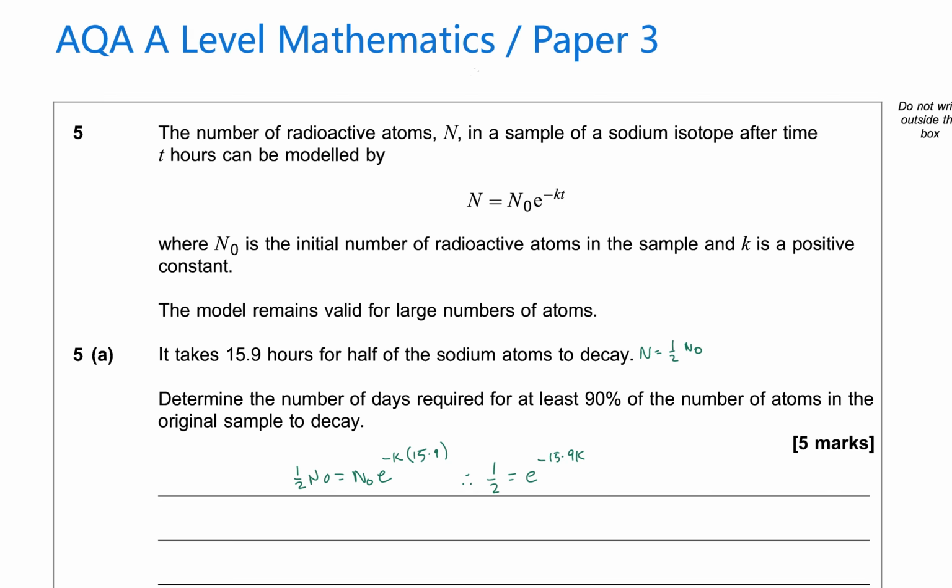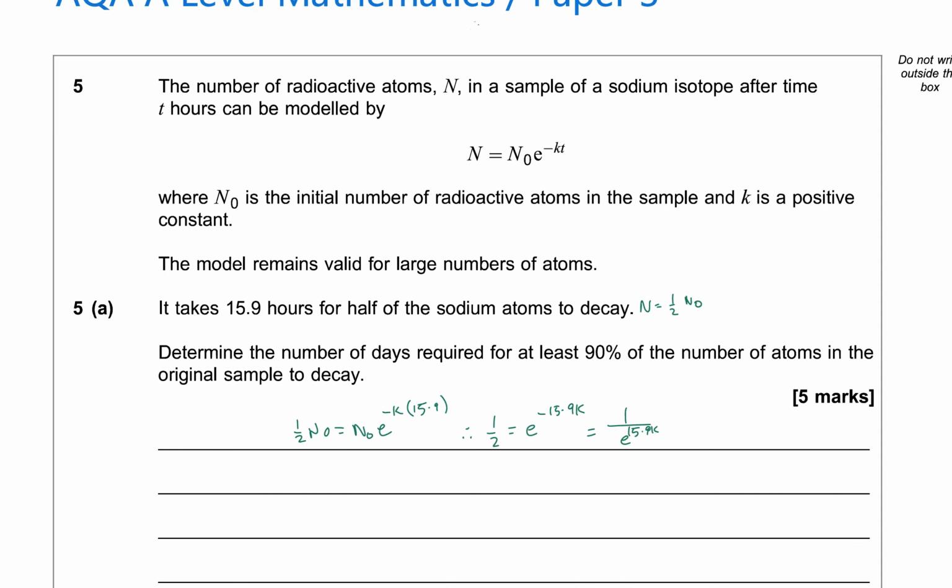And then I can write this as 1 over e to the power 15.9k. Cross multiplying, e to the power 15.9k is equal to 2. Then I can take the logarithm of both sides.